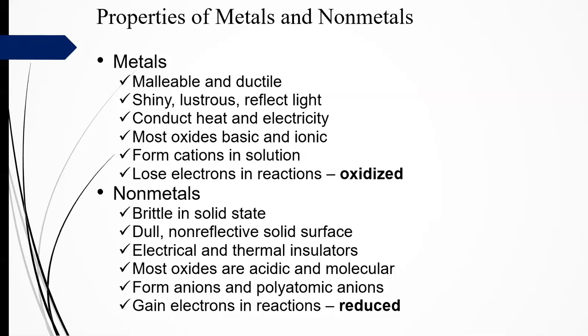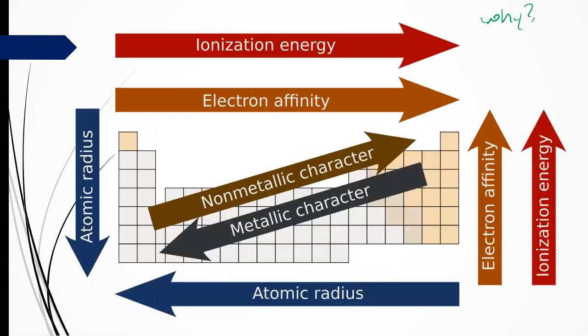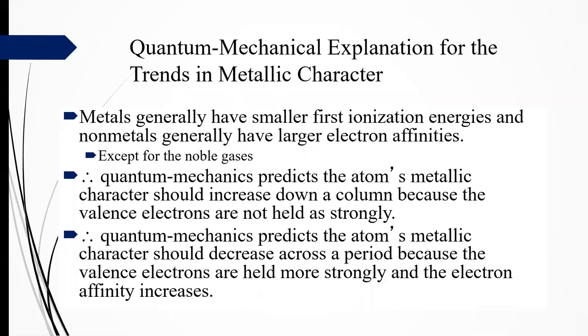So our trend typically follows the same thing as what we normally would think. Metallic character increases down, decreases, or increases to the left. And so the idea behind it is that metals generally have smaller first ionization energies. Nonmetals have larger electron affinities.